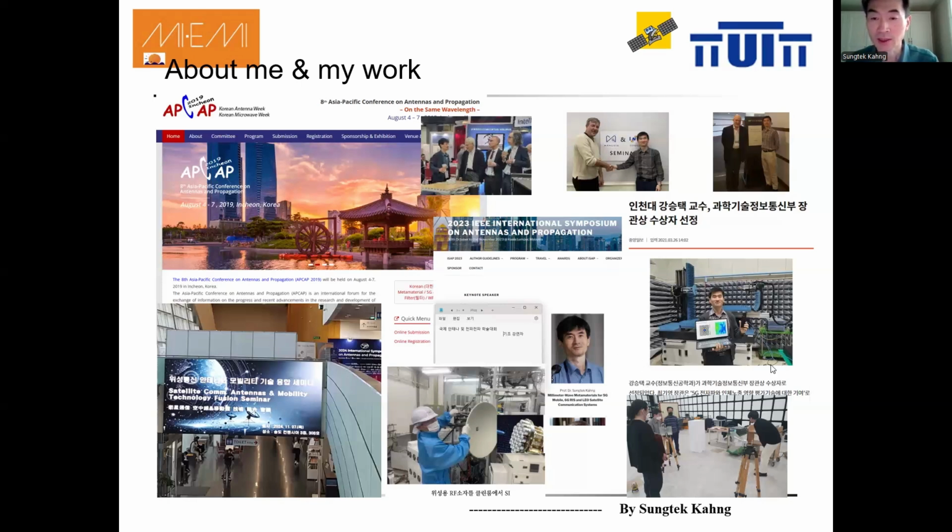A couple of times I was lucky to get awards for my technical achievement for 5G and 6G antennas. And recently I could establish a research institute, a research center for developing microwave and millimeter wave devices for satellites, as you see, a satellite which replaces the parabolic reflector antenna with a horn array like that.